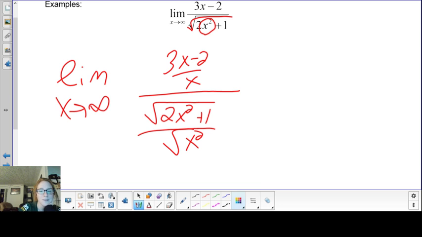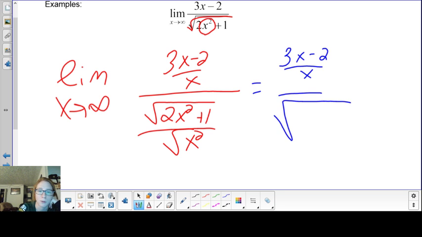Now, because the bottom here both have the same radical, so they're both square roots, if they were cube roots, they'd both be cube roots, so on and so forth, I can bring the denominator underneath the square root with it. Because when it was the way it was prior, I couldn't simplify anything.